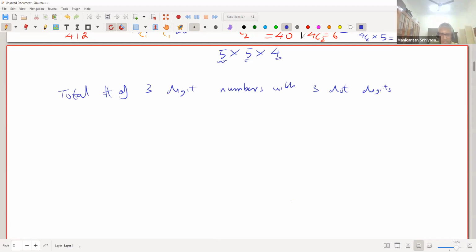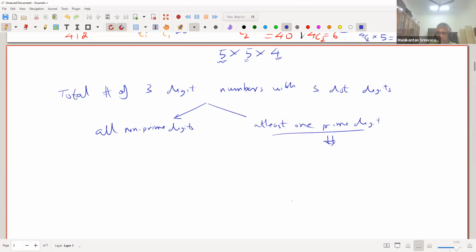Now we can break it into 2 parts: all non-prime digits, and then at least 1 prime digit. Now what I asked you to do was this second one, which is what we broke into 3 different cases.